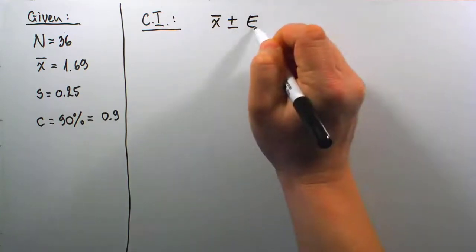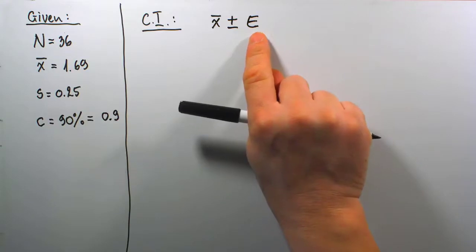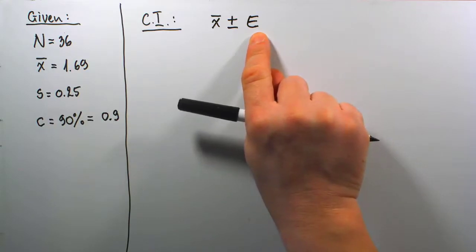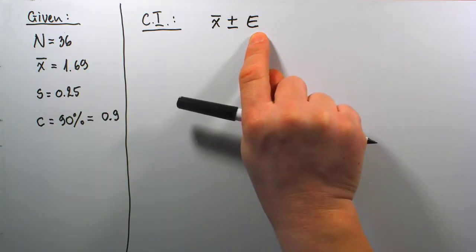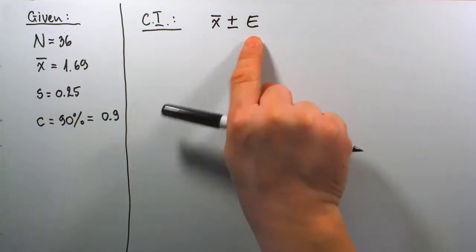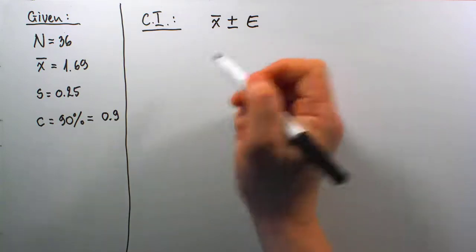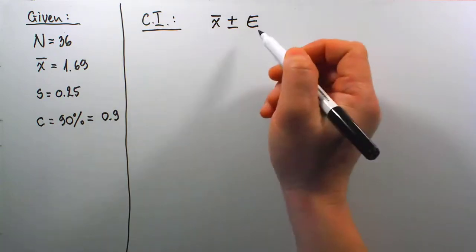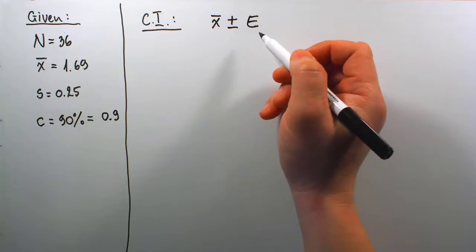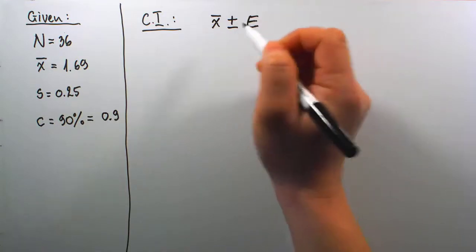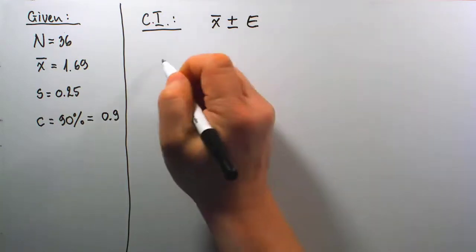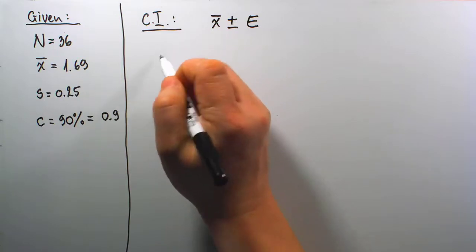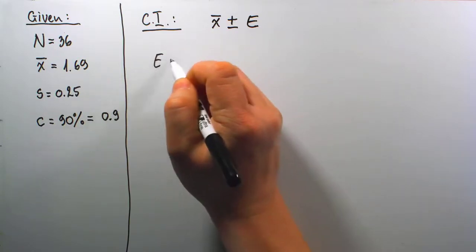I also explained the whole idea of what margin of error is in the general lecture about the confidence interval. So the only thing we need to learn in this particular example, which I have never mentioned in my general lecture, is that this margin of error is going to be calculated using a formula as follows.